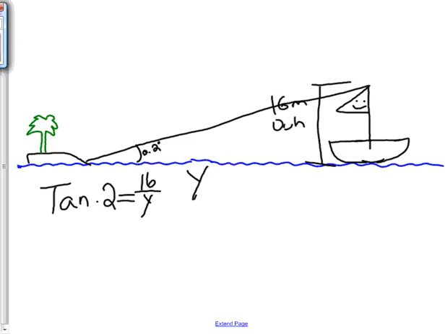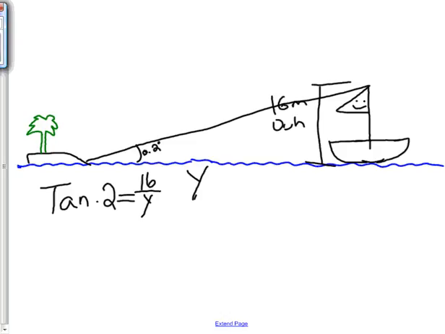Now how do we find Y? To get a more accurate answer, let's leave this as tan 0.2 until the end. So cross multiply. This is like tan 0.2 over 1.